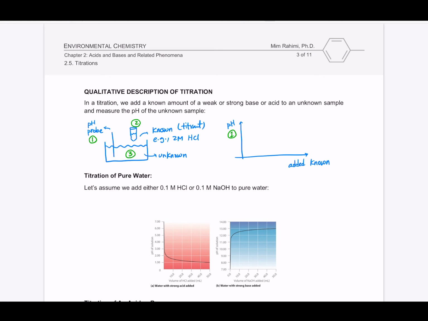So we know how much we added, basically. And we trace the pH. So we get the profile of this, and this would be the pH of the unknown.